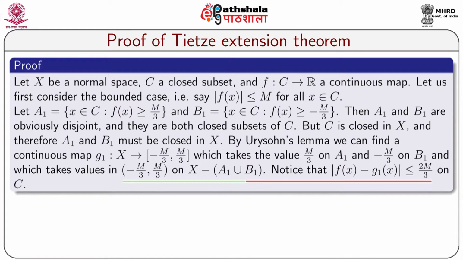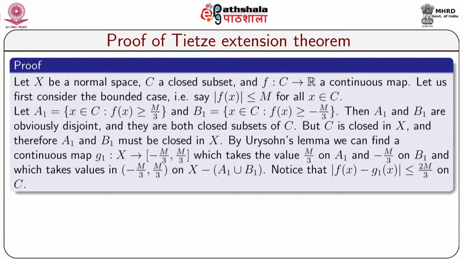That means we have a continuous function G1 from X to the closed interval [-m/3, m/3] such that G1 maps the set A1 to m/3 and maps the set B1 to -m/3, and G1 maps the rest of X in between -m/3 and m/3.